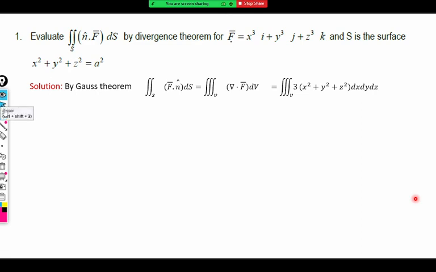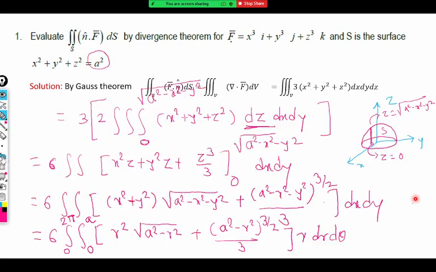Sir, if we take four symmetrical parts, will the limits change? If you take four symmetrical parts, you want to divide this solid into 4 parts. First of all, the xy plane divides the sphere into 2 parts, is it? Now when you want to write 4 times, which solid are you going to take?